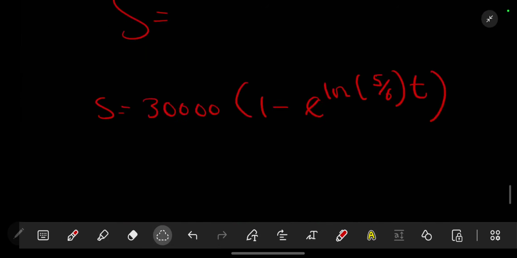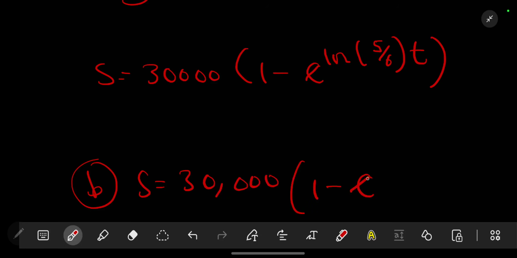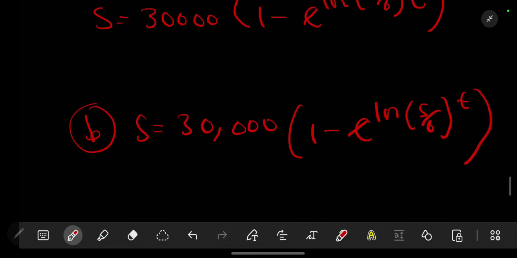Using this same equation to find S after 3 years, we have S equal to 30,000 times 1 minus e to the power of the ln of 5 over 6 times the time. Before we substitute, let's maintain the time like that.